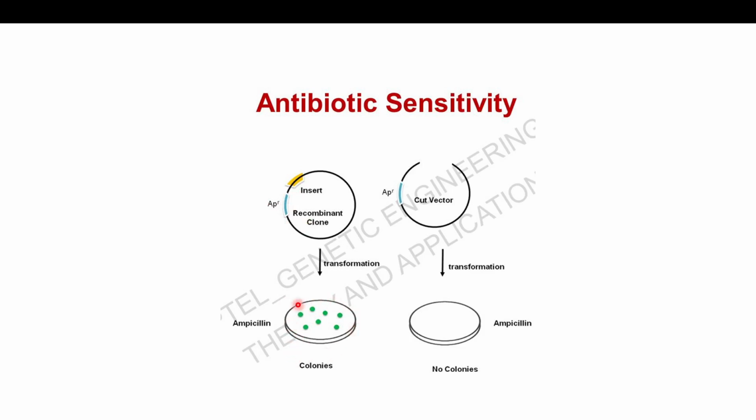So in an ampicillin-containing medium, this plasmid can grow inside if the cells have been able to take it up. But if this particular gene hasn't been inserted, then this also can get inside the host cells, but it won't really be growing in an ampicillin-containing medium.